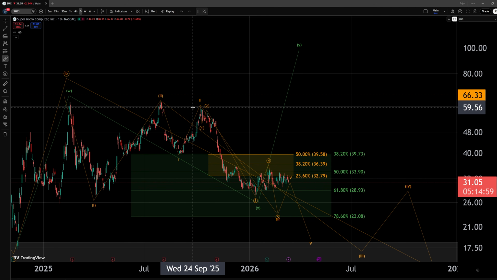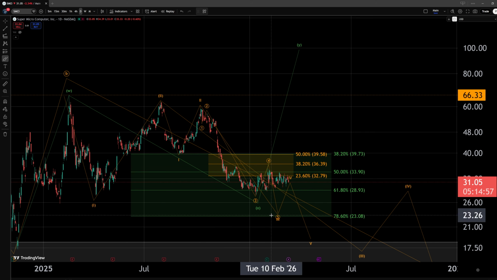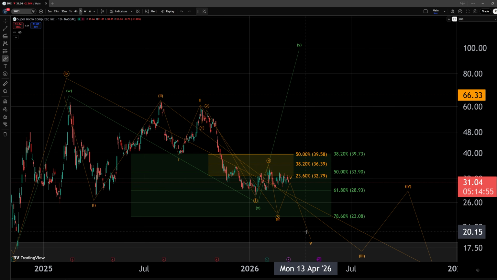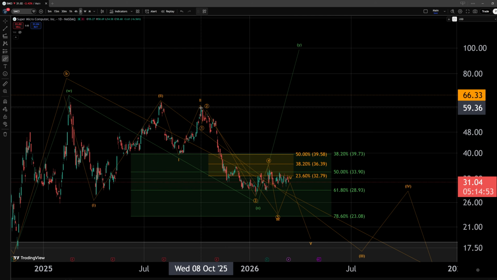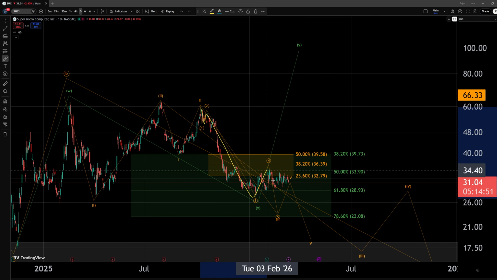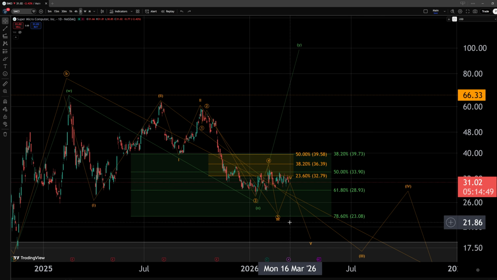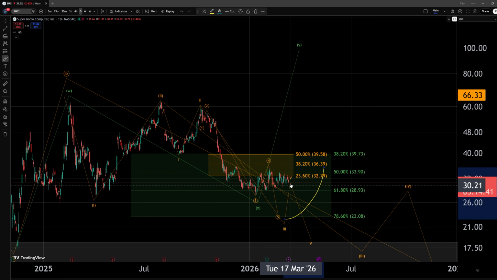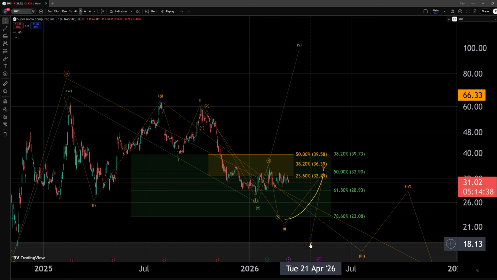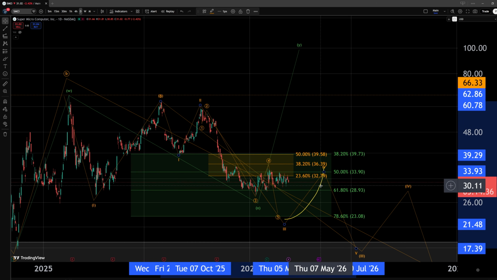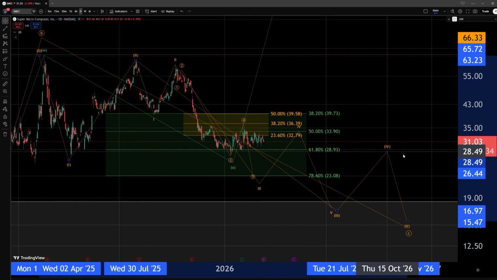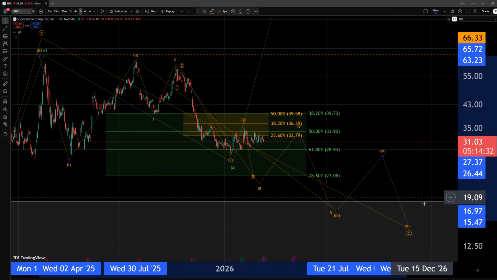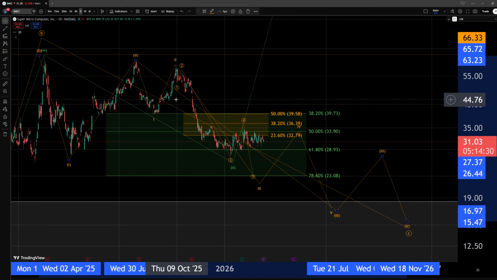We don't need to assume a bottom is in place even within its internal wave 3, where I would be able to track this as a 1, 2, 3, 4, and 5, and then we would have an internal wave 3 complete, where we would need yet another wave 4 correction, and then another wave 5 before even looking for yet another larger wave 4 correction and another wave 5 to complete the structure.